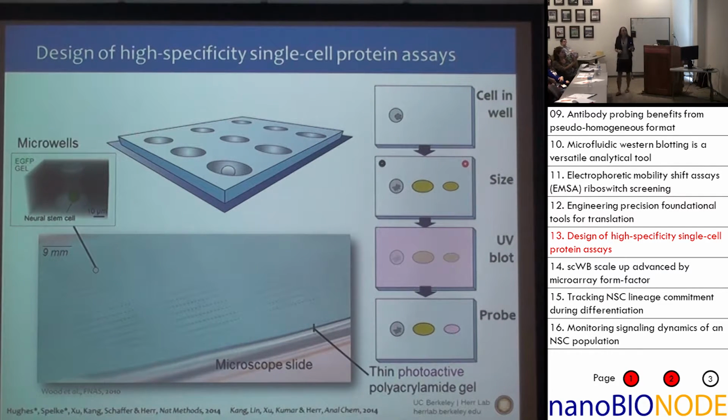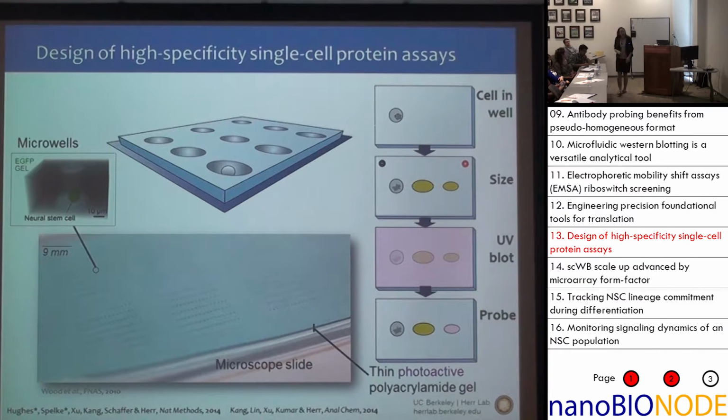Okay? And so using an approach like this, and this is a confocal image of a neural stem cell in one of the microwells that's created in that polymer matrix that we use, we're able to make single cell protein measurements using this Western blotting device, right? And I think a key aspect that I'll mention here is the only way it is possible to make protein measurements in single cells on a lysed cell like this is by using the physics of the system.